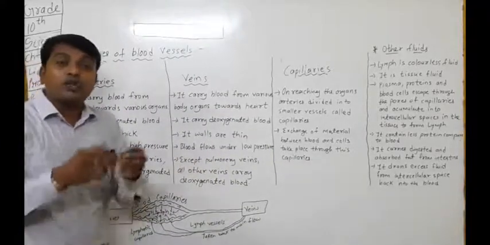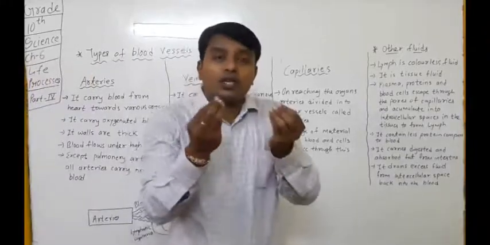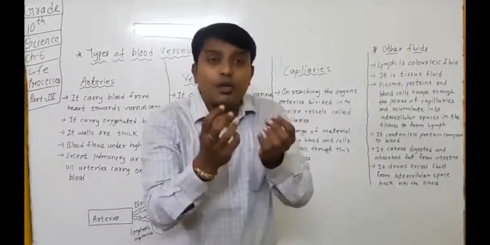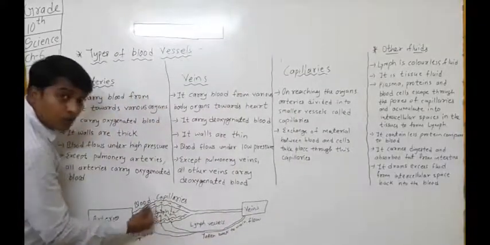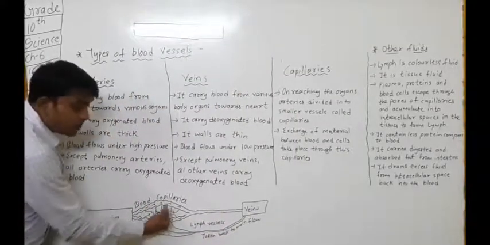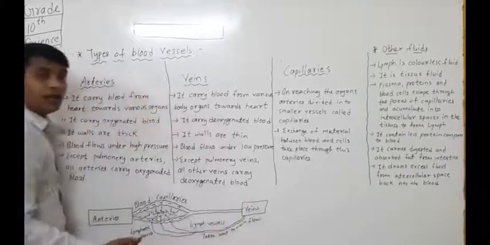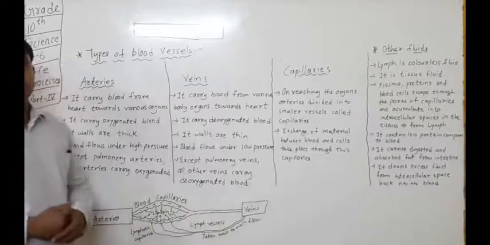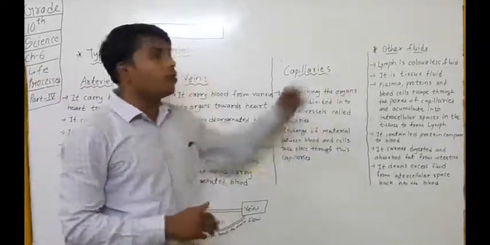That means whatever extra protein or nutritive compounds escape through these pores and accumulate in the intercellular space are taken back to the main flow of blood by the lymphatic system. Okay, and this is the main function done by the lymphatic system in the form of lymph.